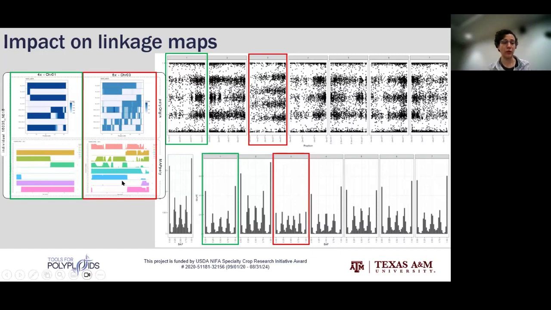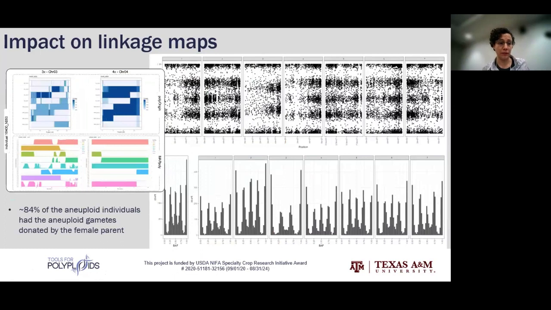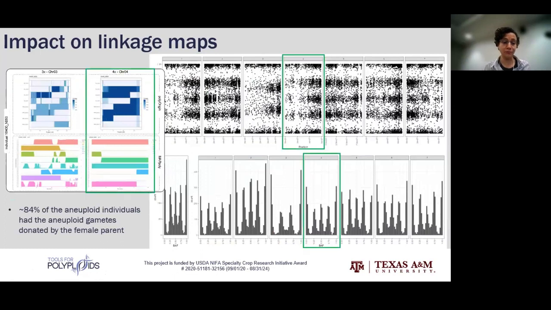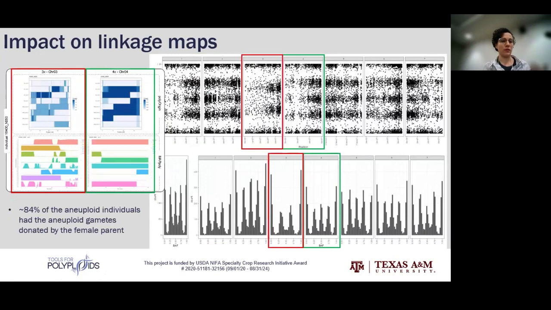This is an example for a pentasomic, and this is an example for a trisomic. So the copy that has the expected number of copies is fine, and the one that has one less copy is messy.